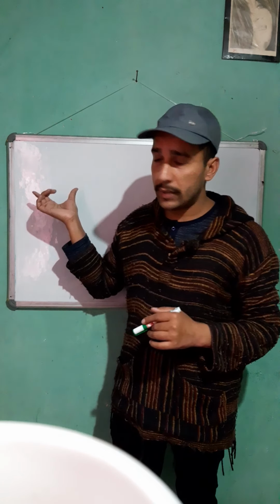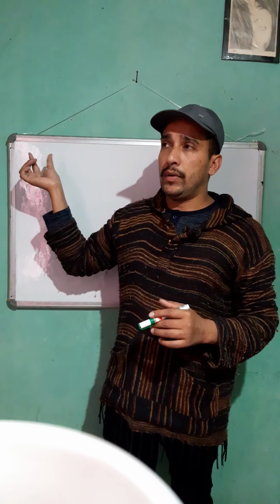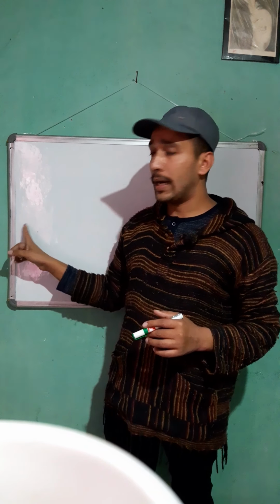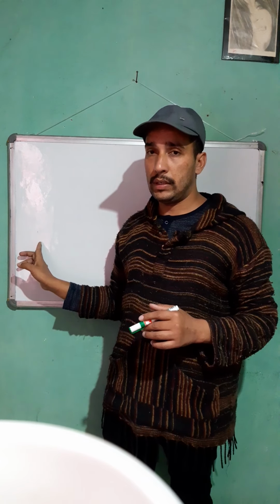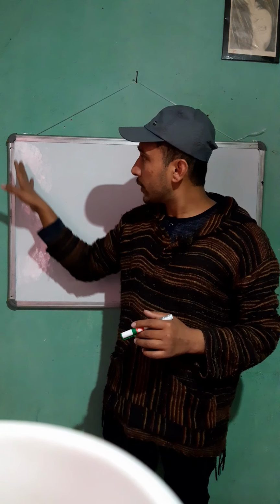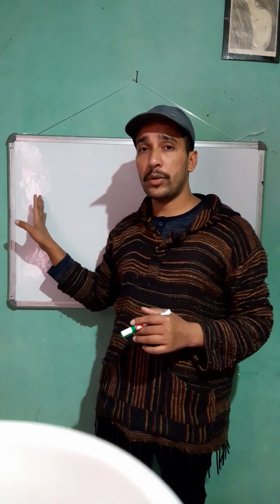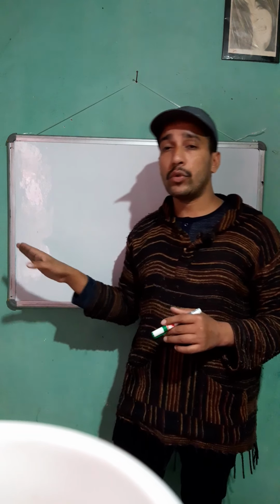For demerits, I said the position of cobalt and nickel. Cobalt and nickel were kept along with hydrogen, fluorine and chlorine. So in spite of having dissimilar properties, they were kept in the same group.